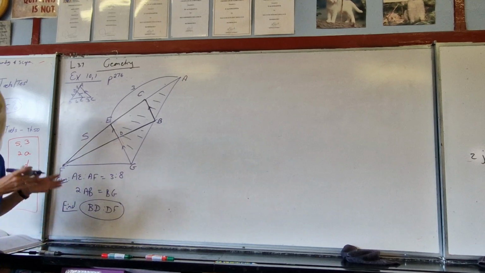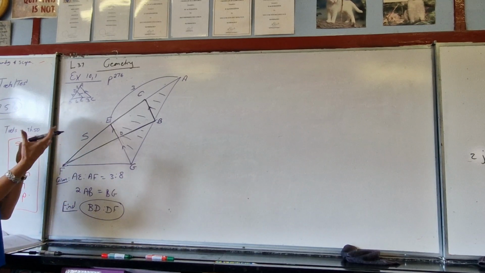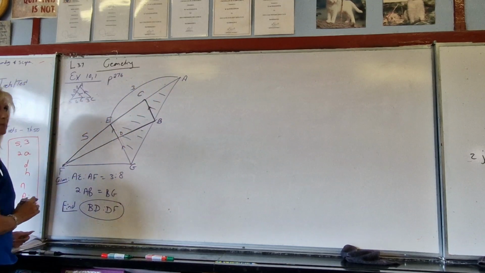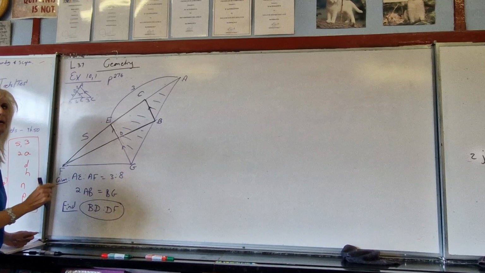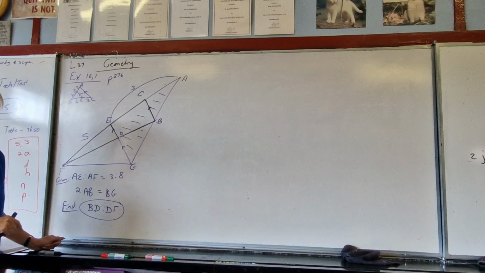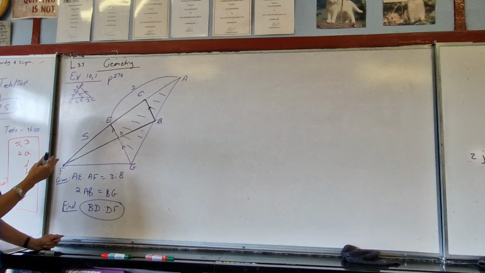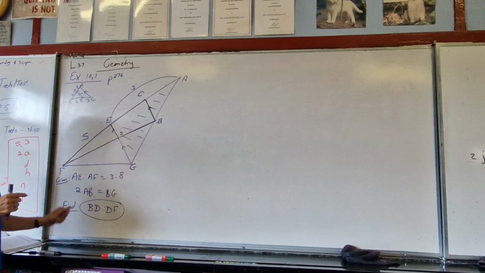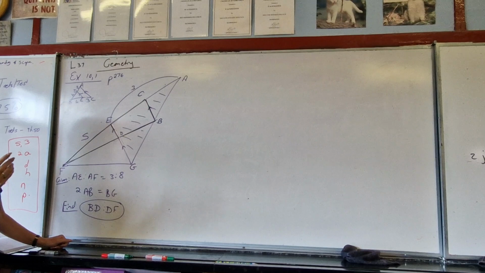Are you with me? They didn't say that. I made the deduction. It's logical. If this is 3 to 8, so the complete one is 8, that's already 3. But is it length? No. It's just ratio. So I need to tell them that I know that this was given to me, and that is why that would be equal to 5. So it was given to me.